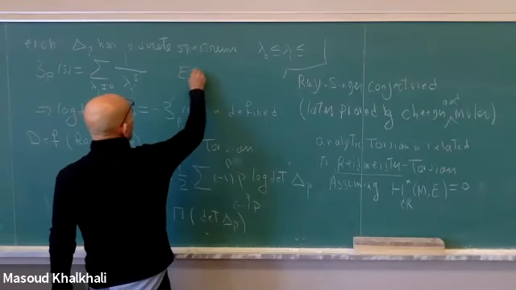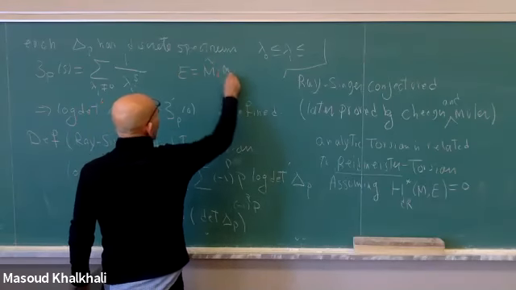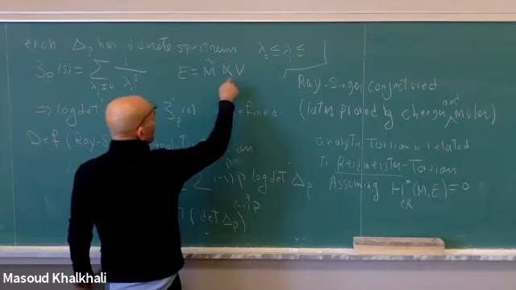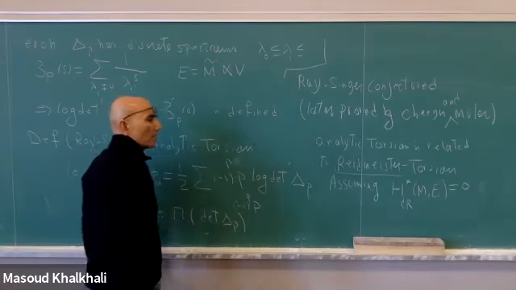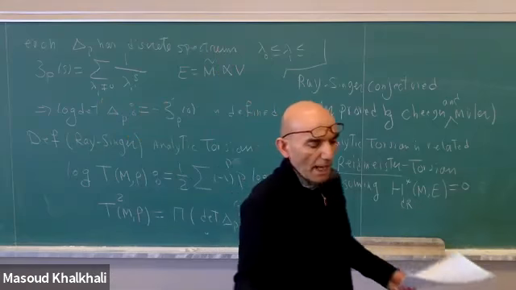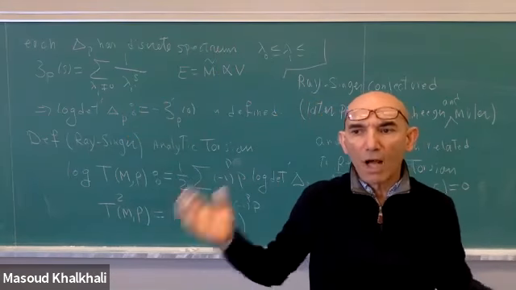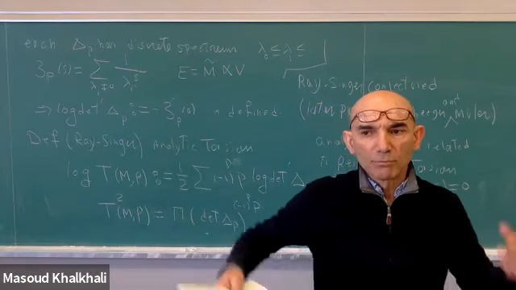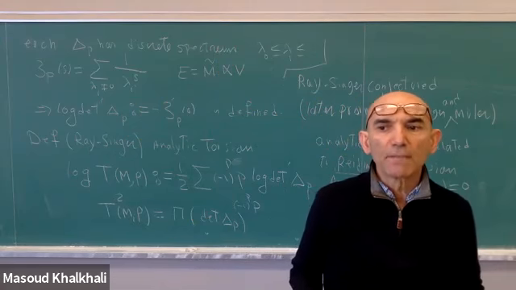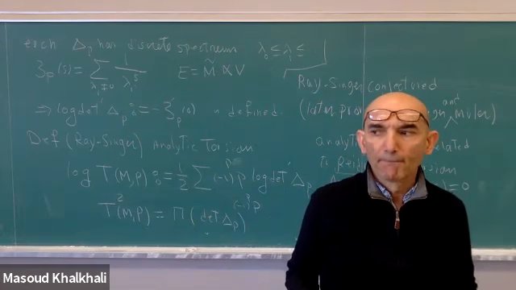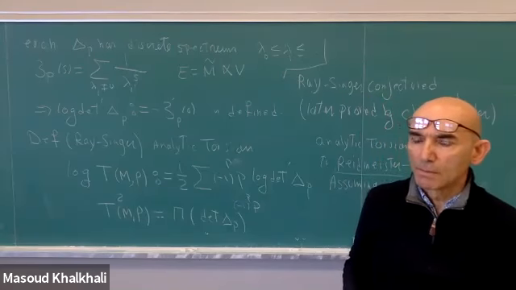You see, the way I defined E was as M tilde cross V. So pi1 acts on this, and it also acts on that. It's a kind of balanced product. The action of pi1 on the product is nice, and then you divide, you get a vector bundle, and that vector bundle is E. Okay, thank you.